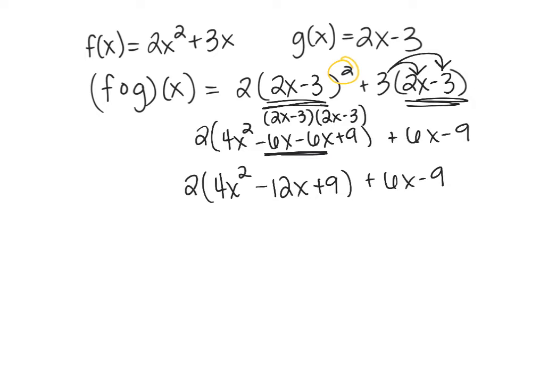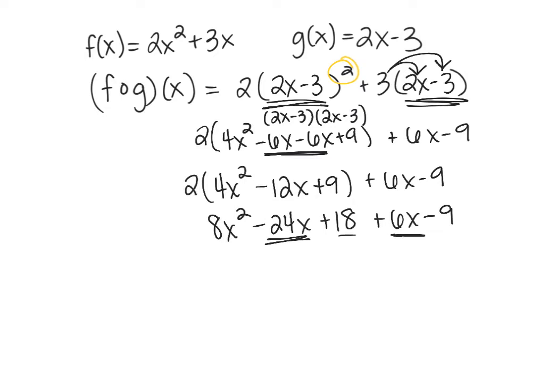So when I distribute that 2, I get 8x squared minus 24x plus 18 plus 6x minus 9. And so we have x's and we have some numbers. So 8x squared, and then that will be minus 18x plus 9.